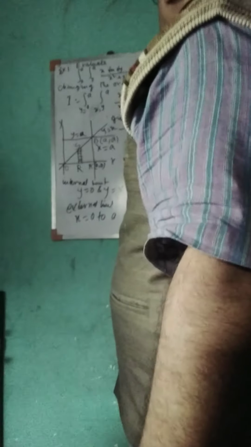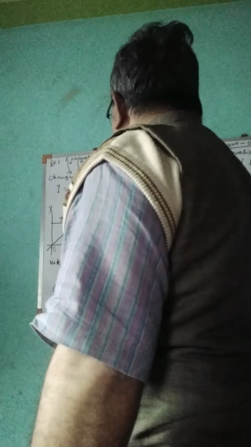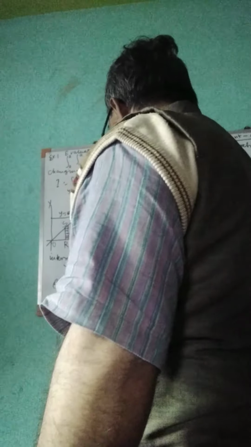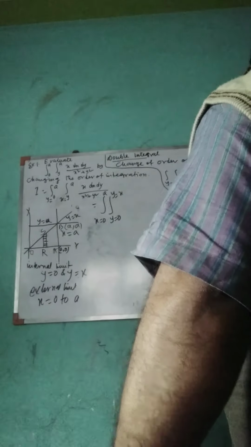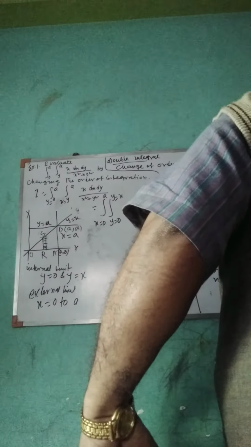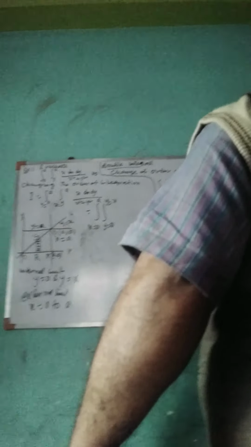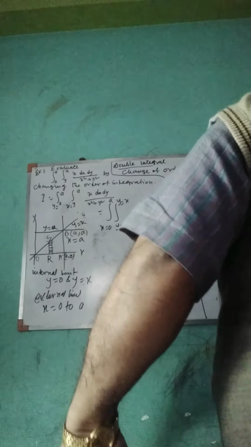So now this integration I can be written with the external limit x equal to 0 to a, and the internal limit y equal to 0 to y equal to x.